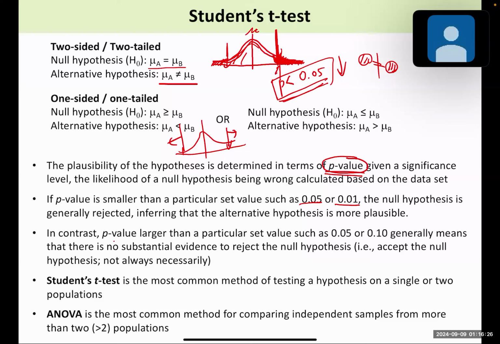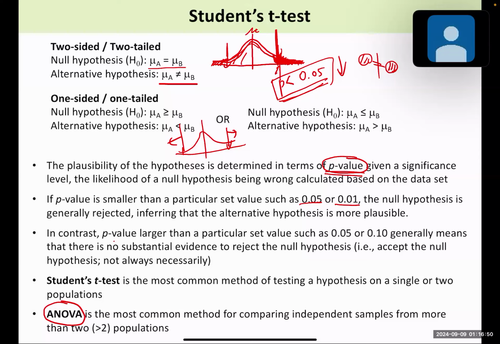All right, so student's t-test is most commonly used when you make a hypothesis on single or two populations. But if the number of populations is more than two, like 3 or 4, when you're comparing more than two populations, then you need to use ANOVA.